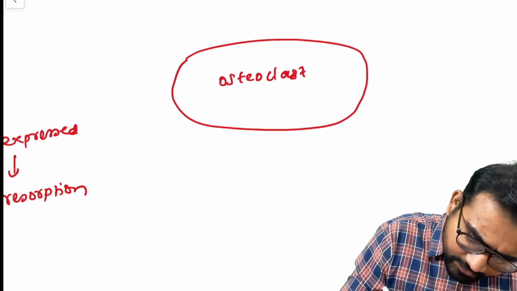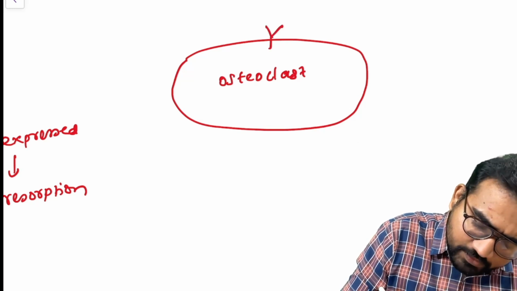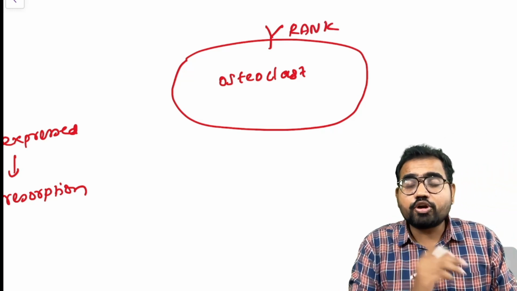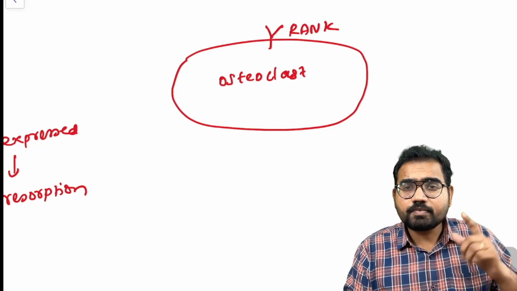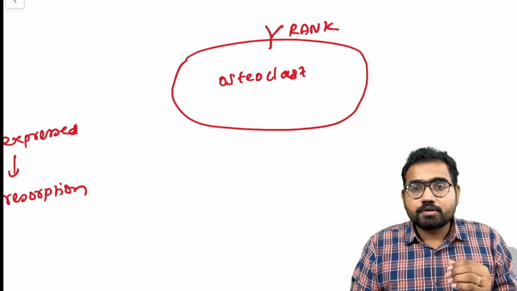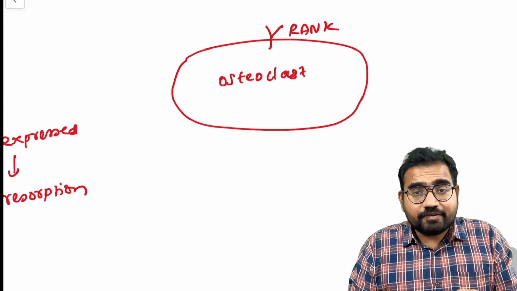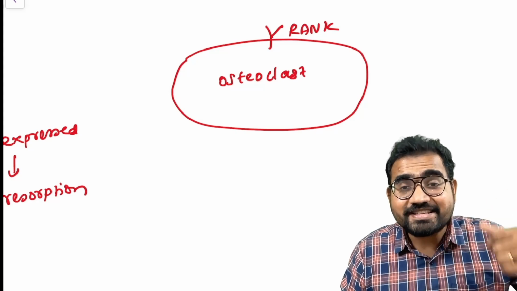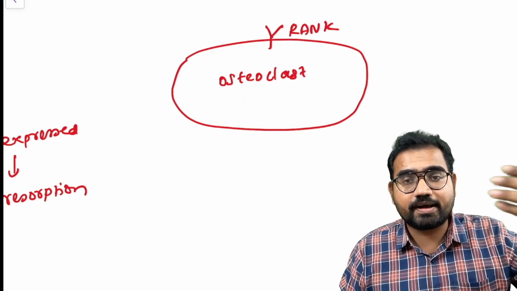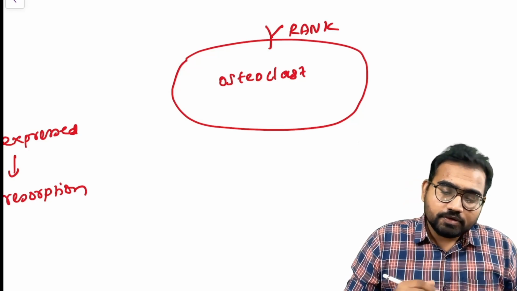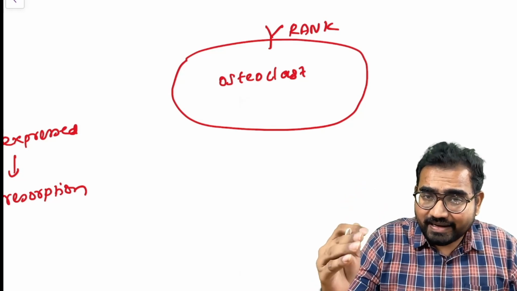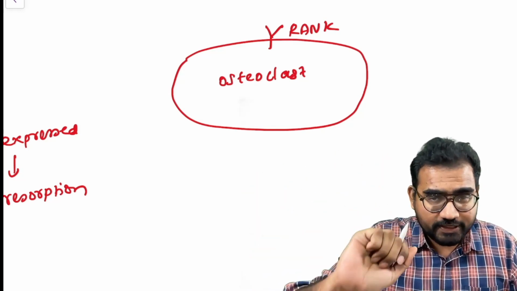As I said, it will have the RANK receptor, usually not expressed, but sometimes certain factors will initiate or increase the expression of RANKL. Whenever there is an interaction of RANK and RANKL, bone resorption takes place.